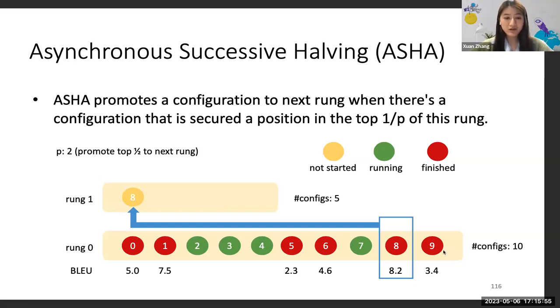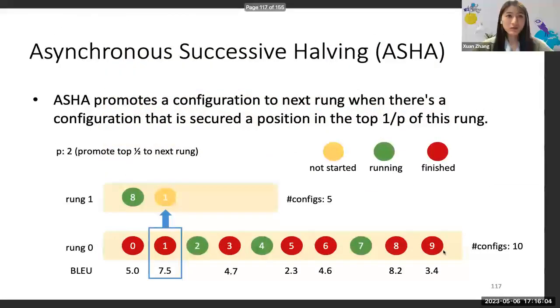ASHA, however, addresses this issue effectively and enables more efficient use of GPU resources. Moving forward, we have 7 finished jobs out of 10 at rung 0, so we can promote another configuration to the next rung. In this case, it's configuration 1, as it has the second highest BLEU score.